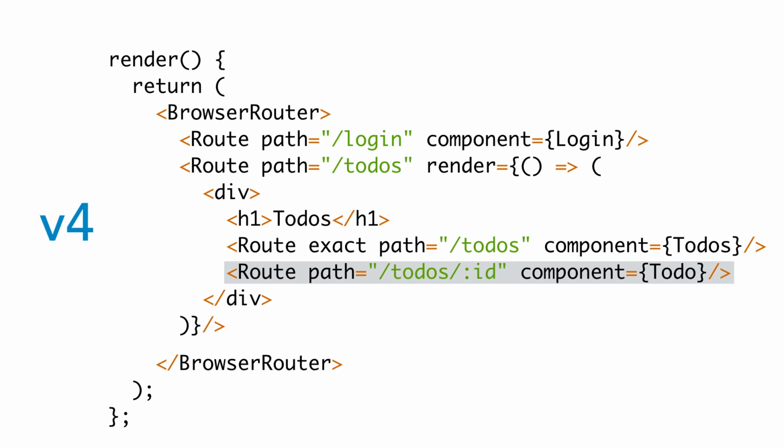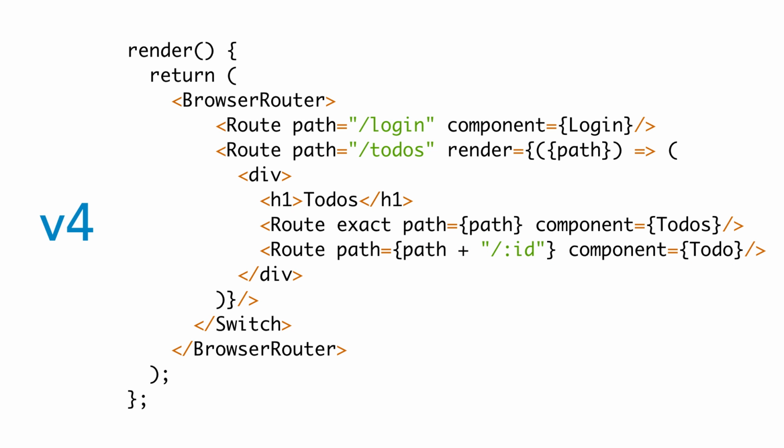That said, you might be getting a little bit alarmed at the sheer number of times I've written to-dos there, or /to-dos. So it's worth noting that components that you provide as properties to route, or render functions that you provide, have parameters provided to them about the route that's been matched. One of the properties in the object that you're given is a path, and I'm just going to destructure it straight out of this argument.